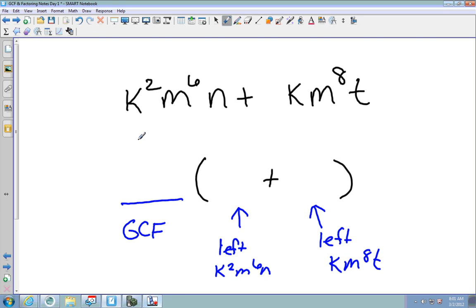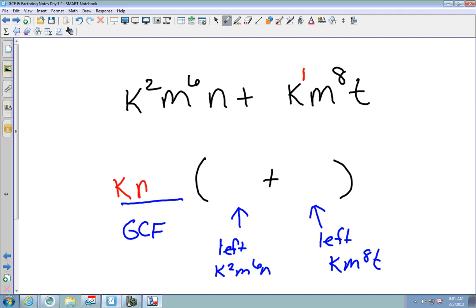Okay, first off, out of these, to find the GCF, is there a K in both of them? Yes. What's the largest exponent? Is it squared? Isn't that just a 1 right there? The largest exponent is just K to the first power. Okay? Now, M, is M in both of them?